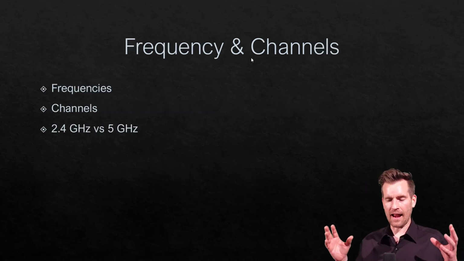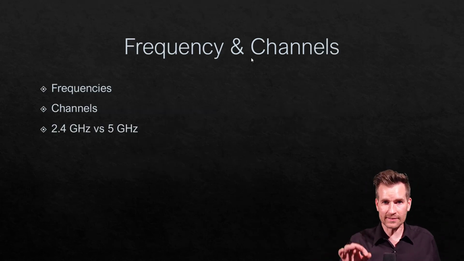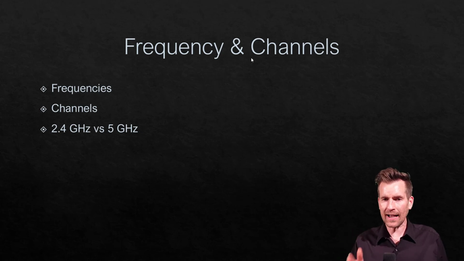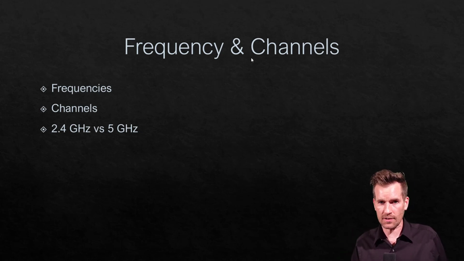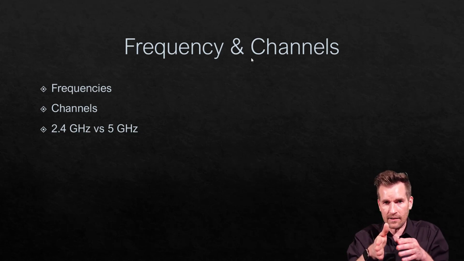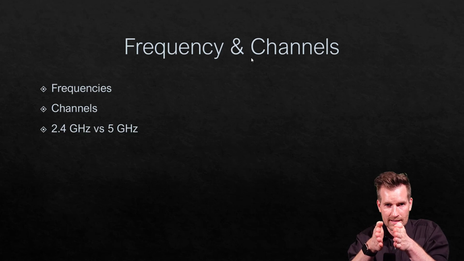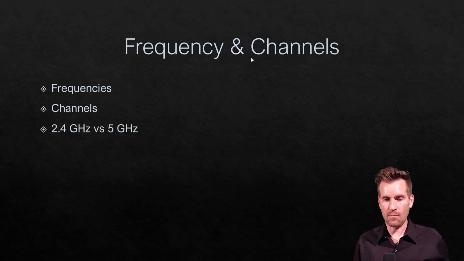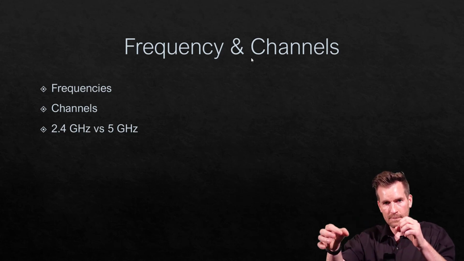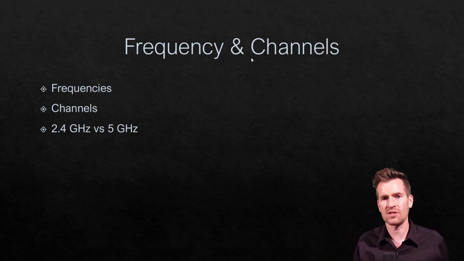All right, there you have it. Frequencies and channels. So we started out taking a more in-depth look into frequencies and how when you're talking about frequency modulation, you're actually talking about not just a specific frequency that you're sending data across, but a range of frequencies that you modulate within there to send that data. And we call that a channel. That is a channel that can get opened up to allow communication to happen.